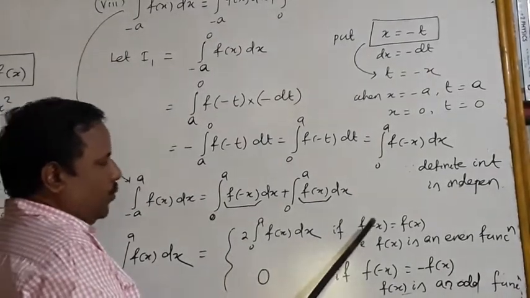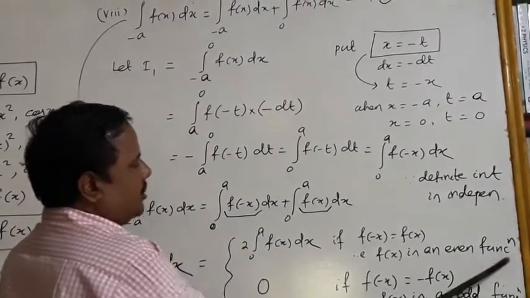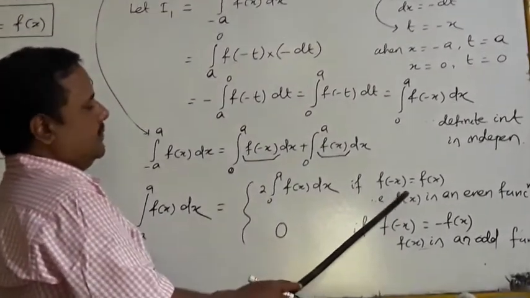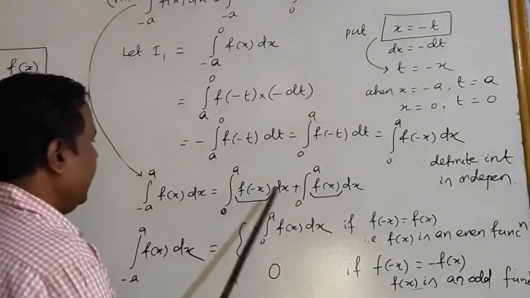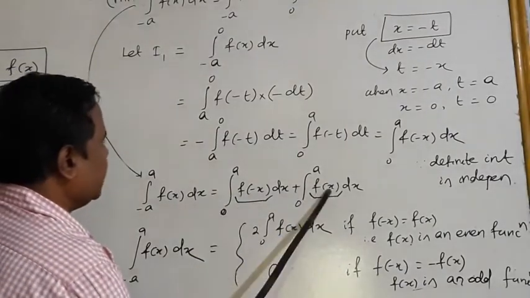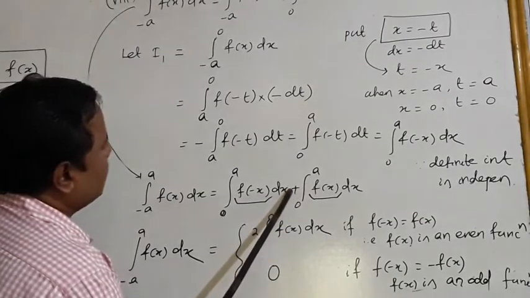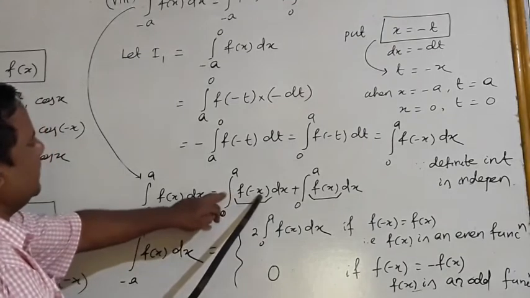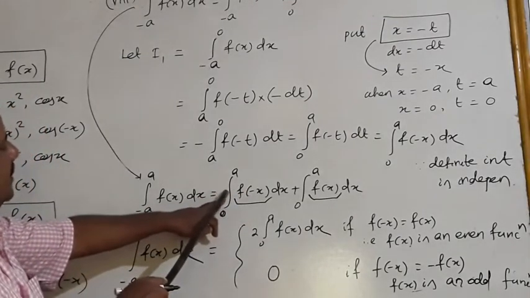Okay? And we know f of minus x is fx is the condition for an even function. And if this is the negative of this, suppose f of minus x is minus fx, then in place of f of minus x, I am writing minus fx.